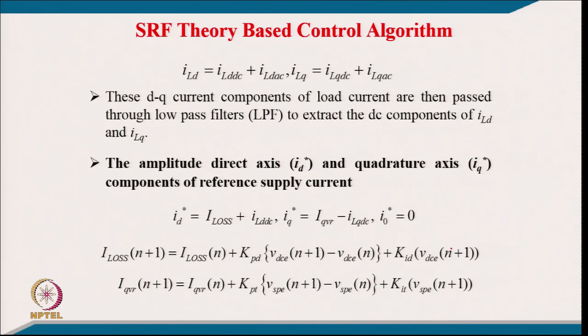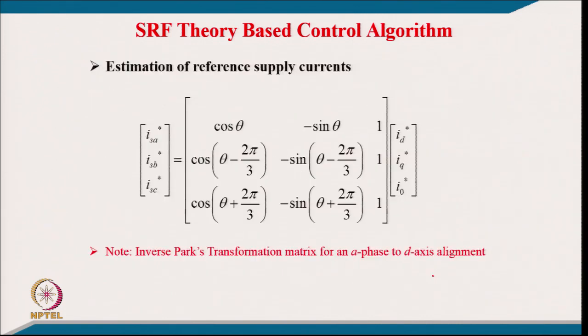Use the PI control to regulate the DC link voltage and a PI controller for regulating the terminal voltage, the PCC voltage. Once you have the ID and IQ and you already have ID star, you convert back using the inverse Park transformation to get the 3-phase reference grid current, and we put a current controller on the grid current, for indirect current control, deriving the switching functions for the voltage source converter operating as a D-STATCOM.